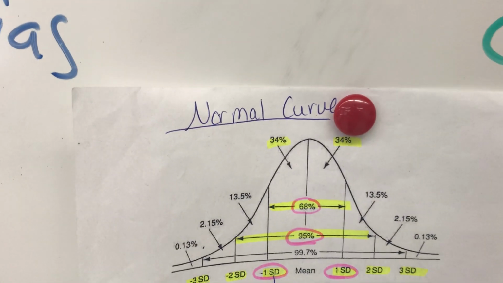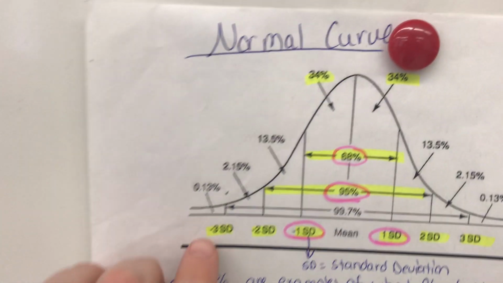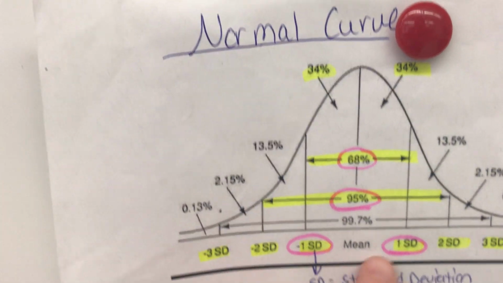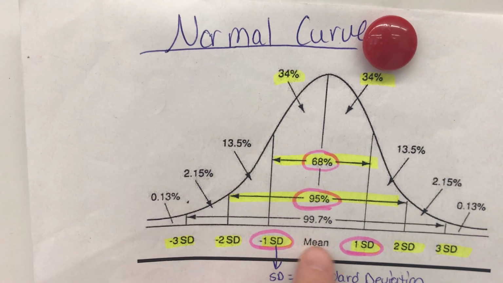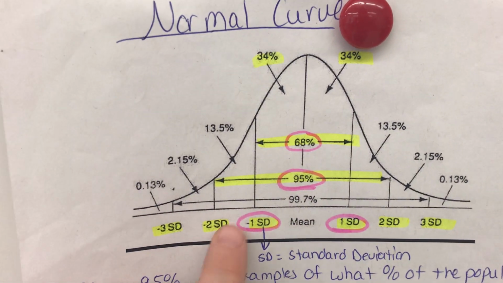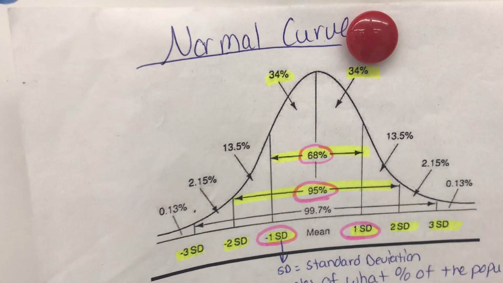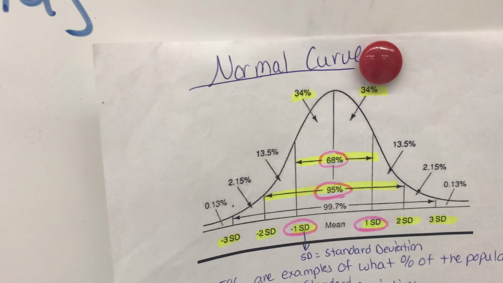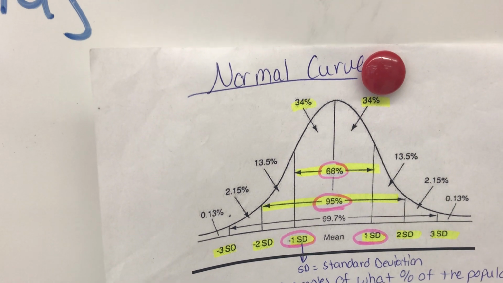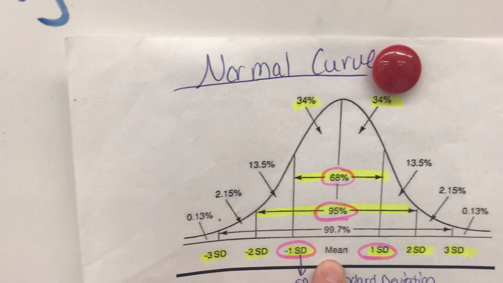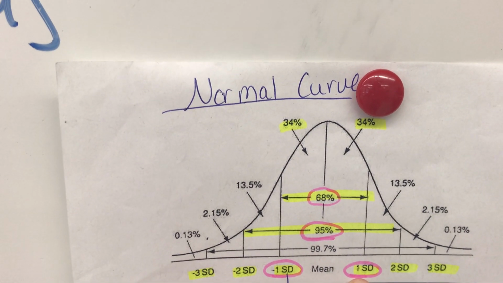Now, the other thing to know, okay, what is standard deviation? Like, I don't see any test score numbers down here. I know this is 100, but what is this? Okay, each standard deviation is about 10 to 15 points away from the mean. Okay, so this means 100. Most standard deviation is about 15 points.